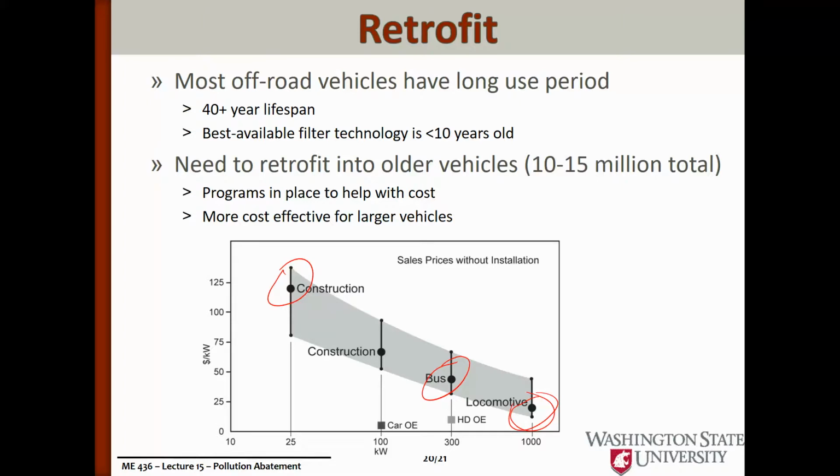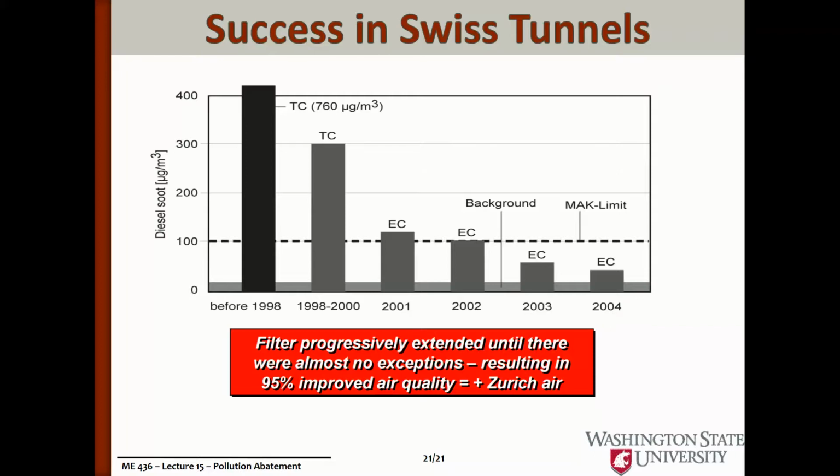The rate of penetration of these new technologies, filters and catalytic reduction, they're not solving the problem quick enough, but they do work. So it's just going to take a longer time to get these particulates down. But there have been examples of success. Switzerland was one of the first to really push the filters aggressively and mandate them.